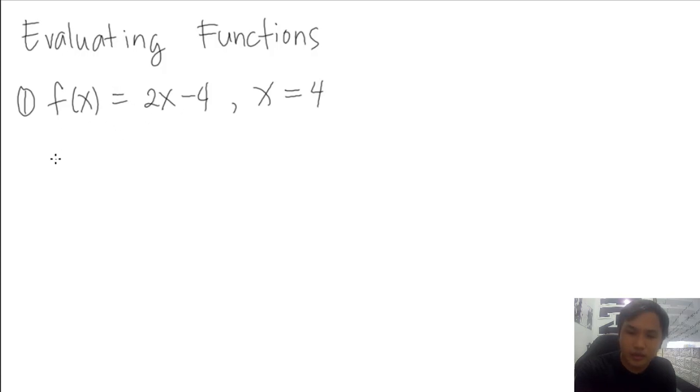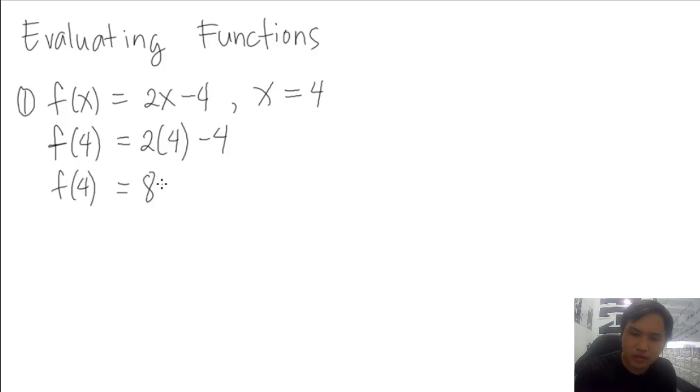So we have f of 4 equals 2 times 4 minus 4, and then we are going to simplify. So 2 times 4 is 8 minus 4, and f of 4 equals 8 minus 4 is 4. So therefore, the function is equal to 4 if we are going to evaluate it at x equals 4.